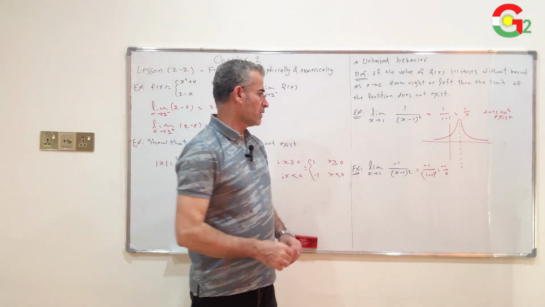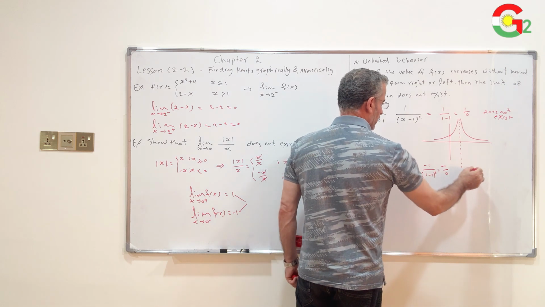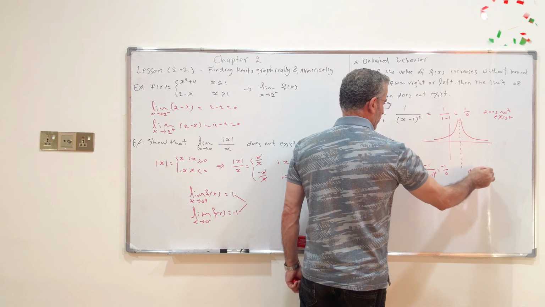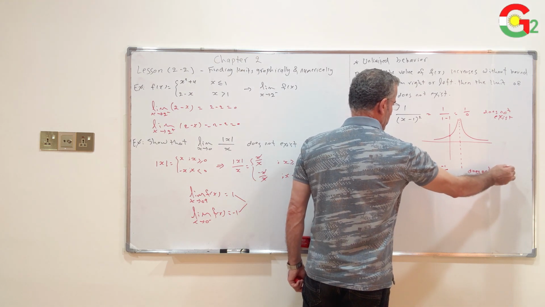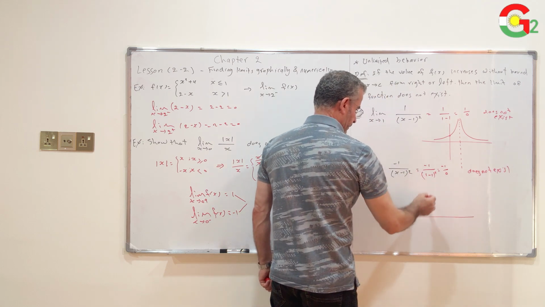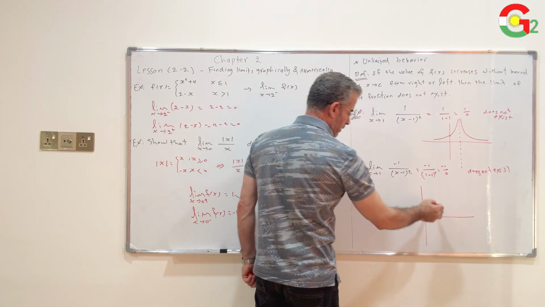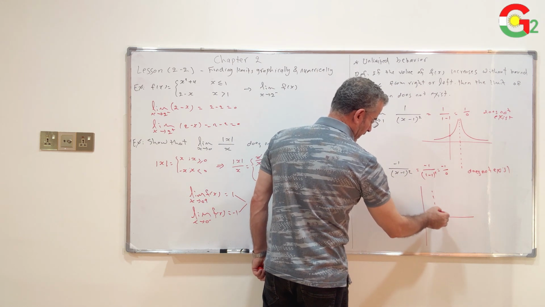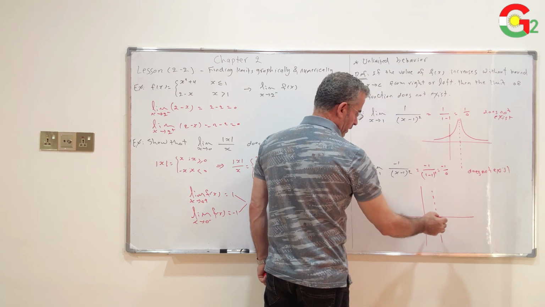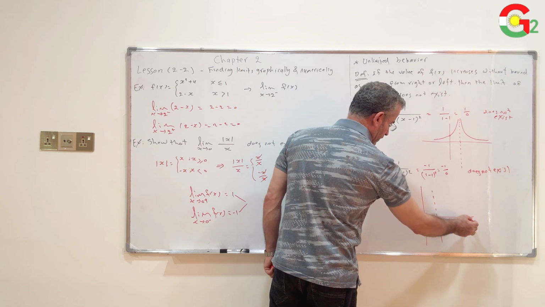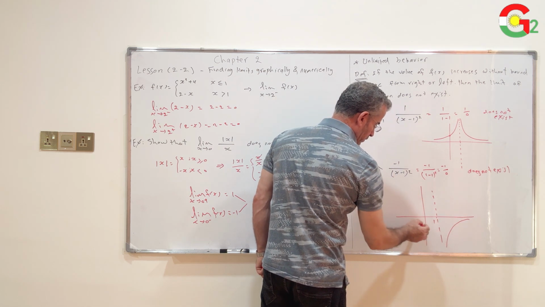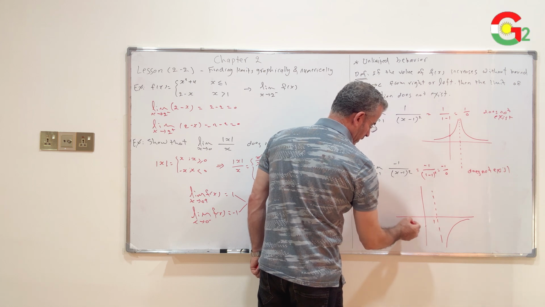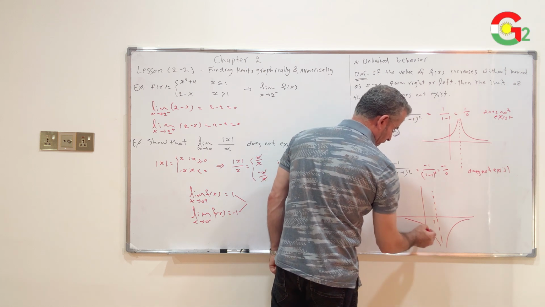Negative 1 over 0 is undefined, then the limit does not exist also, but in the graph I also have a vertical asymptote at 1 and the function goes to negative infinity.